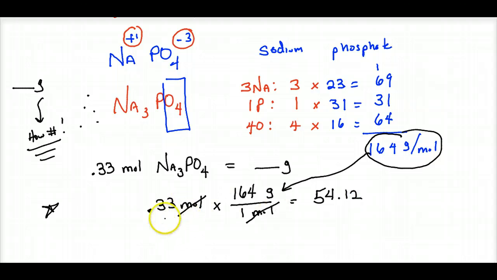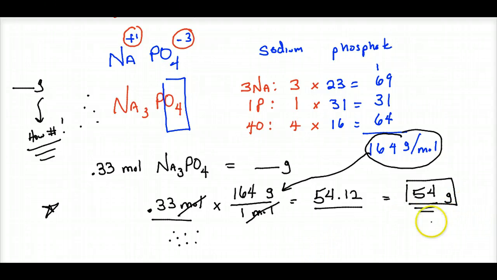If they ask for the appropriate number of significant figures, when you multiply or divide, you round off to the least number of sig figs. Okay, this would be 2. So this would round off to 54, okay, grams. If I needed a third of a mole, okay, for whatever reason, I know all I have to do to get that certain number of these particles, I need 54 grams.